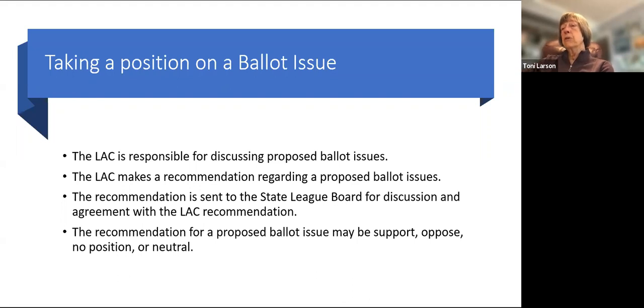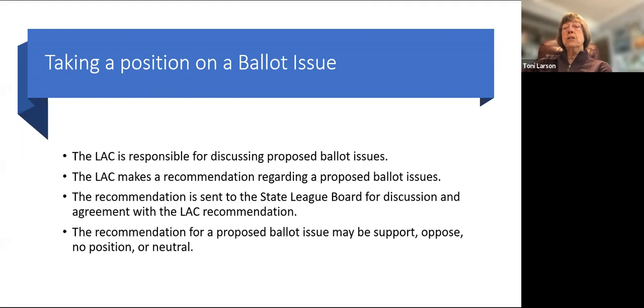We'll do the same format that we're going to be doing pretty much for the issues that come up in the state legislature. The LAC makes a recommendation regarding a proposed ballot issue, and then the recommendation does go to the state board before a position is taken. The state board does need to discuss the ballot issues. These generally are higher profile than many of the issues that come up in the state legislature.